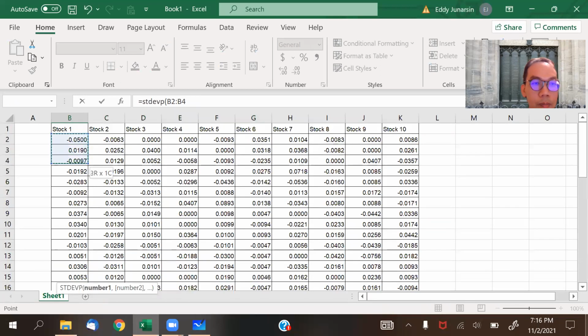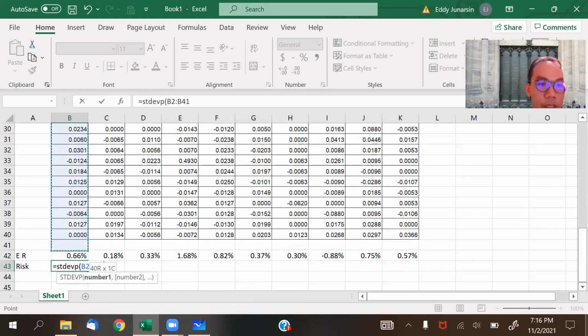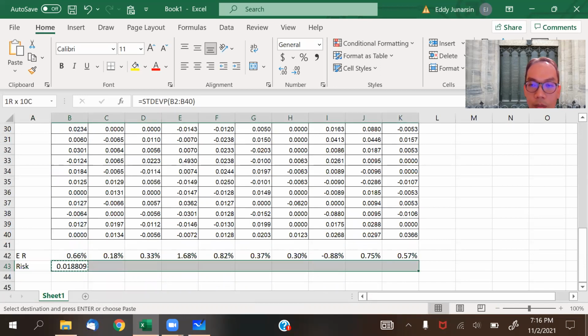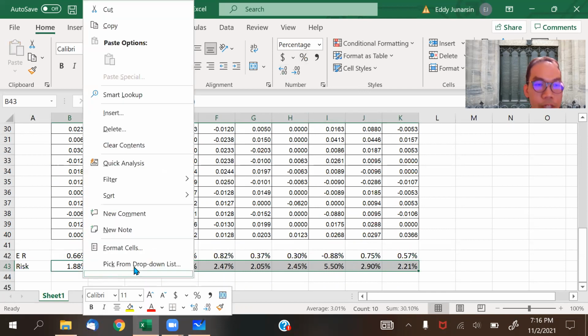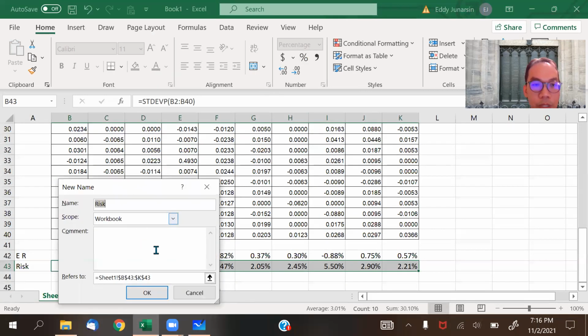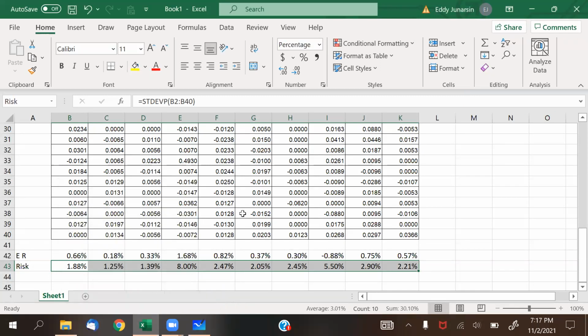This is a typical formula that we are using, the standard deviation of the time series. Same thing here, to make our life easier, we'll define the name as risk, or whatever name you want to give. So we have expected return and risk.